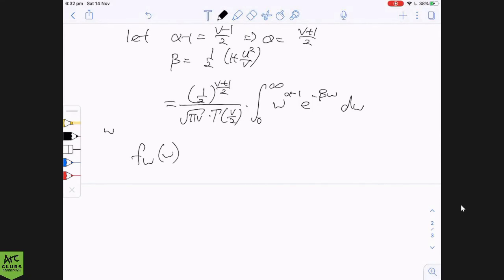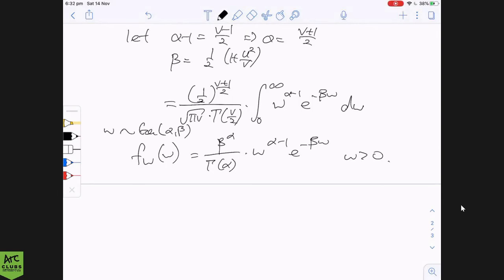if w follows a gamma with alpha beta, then this is just beta to the alpha over gamma of alpha times w to the alpha minus 1 e to the minus beta w, where w is positive.